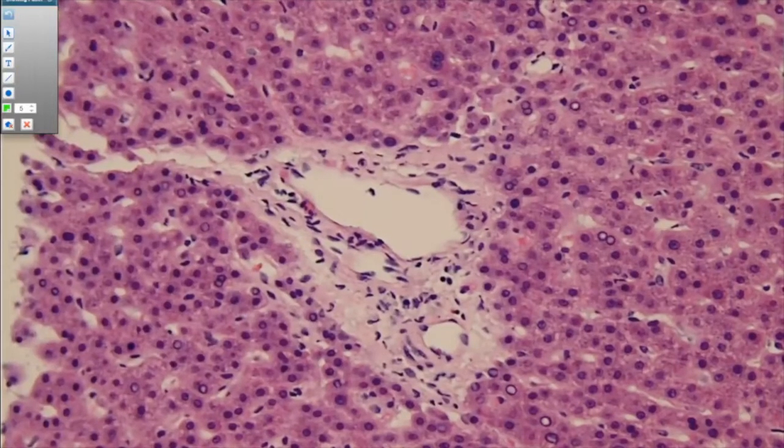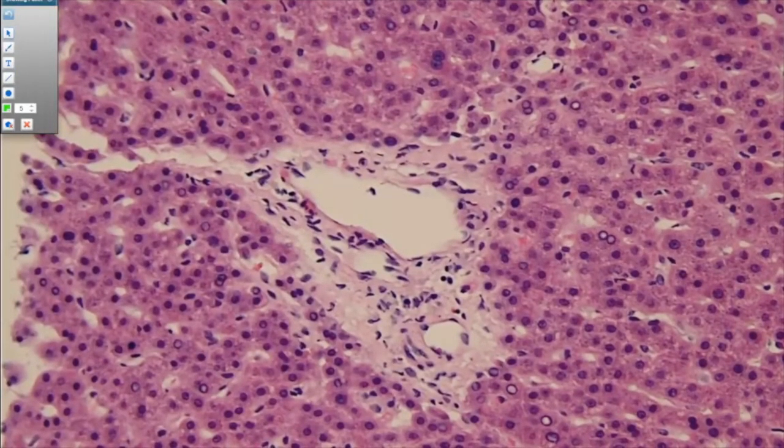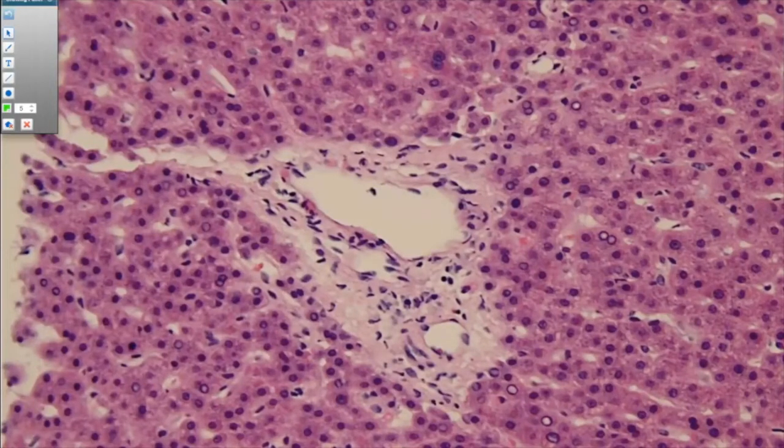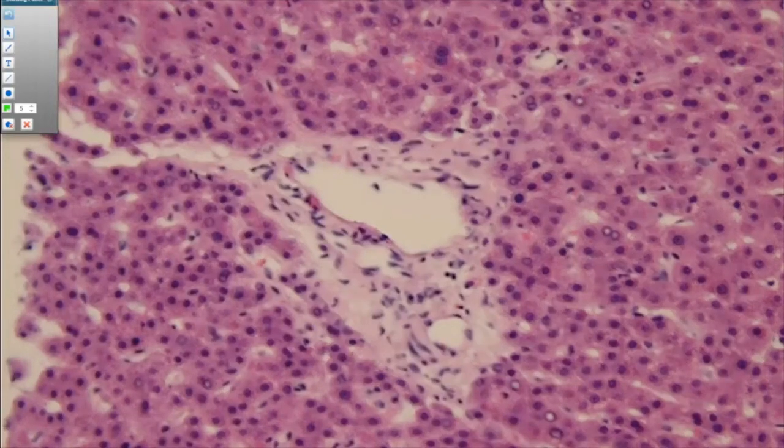If more than 3 portal triads have lost artery, it will qualify for late chronic rejection. And CK7 could be helpful for counting.